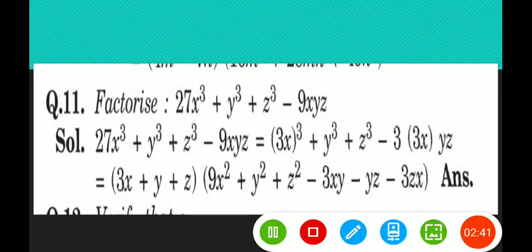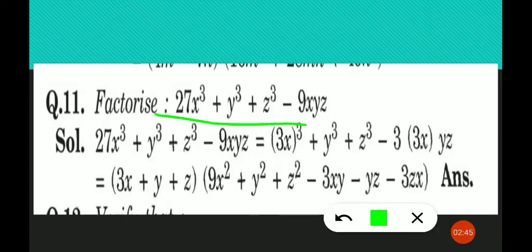Again it is factorize 27x cube plus y cube plus z cube minus 9xyz.